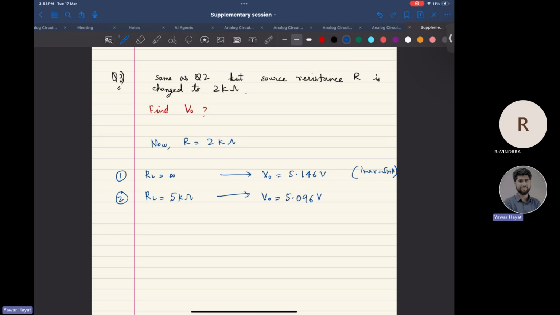And your IL max would be 5 by 5 kilo, which is 1 milliamp, right?